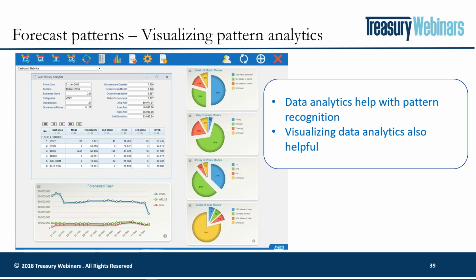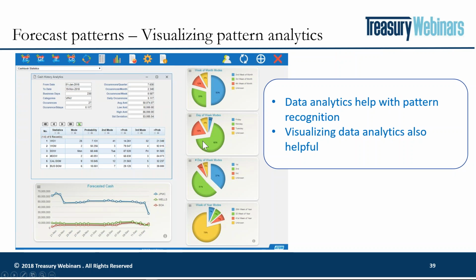So for instance, looking at row 2 in our small matrix, the week of the month, so for this type of activity, vendor payments, typically the activity happens in the second week of the month, 50% of the time. And then 79% of the time it happens in either the second or the third week. So the same thing for day of week. Monday is a 68% chance. Tuesday is an 87% chance.